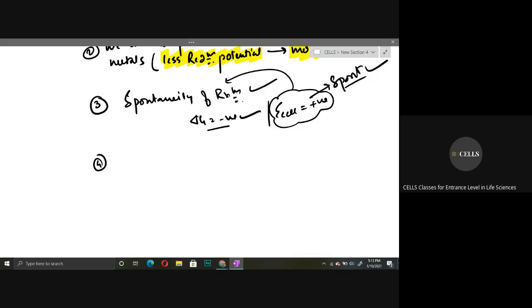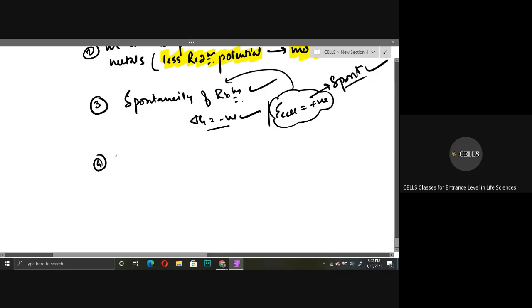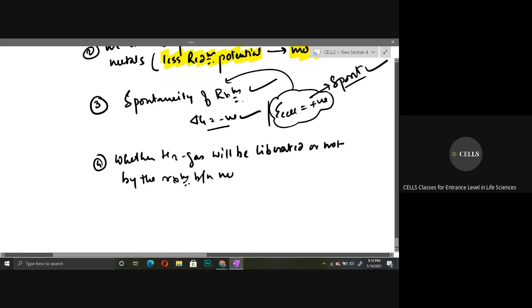You can also get an idea of that as well. How? Just write it down: whether hydrogen gas will be liberated or not by the reaction between metal and acid.